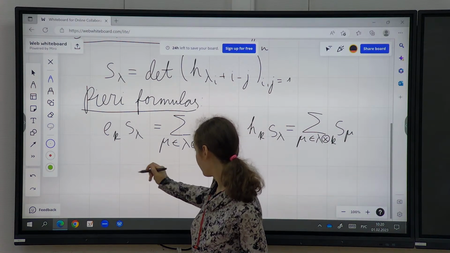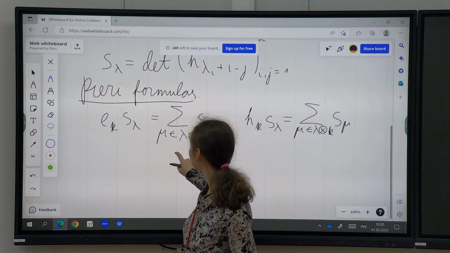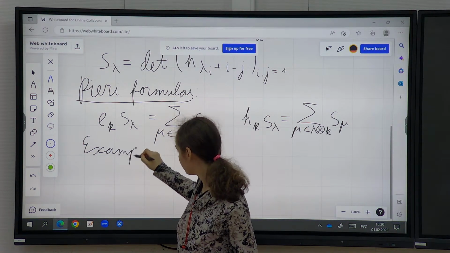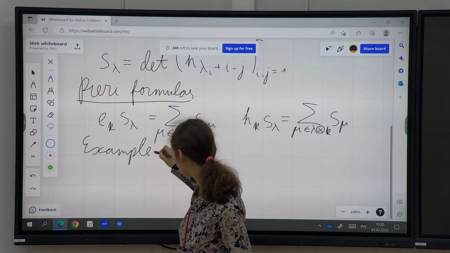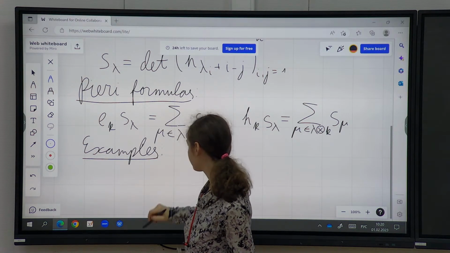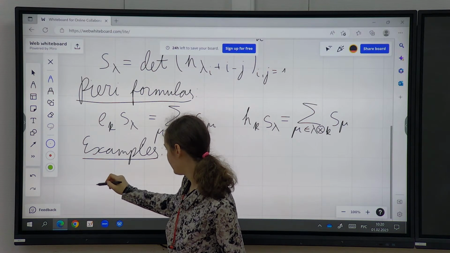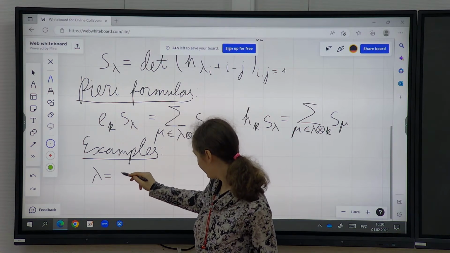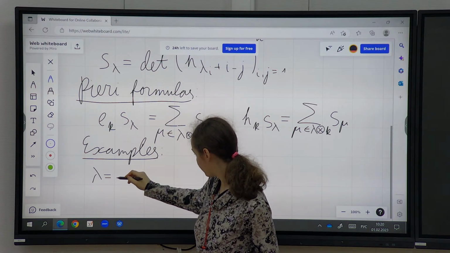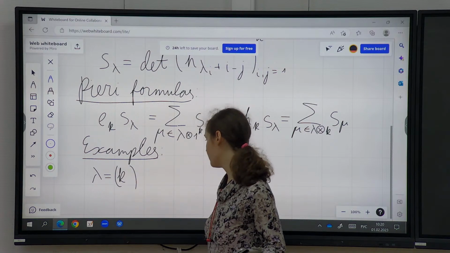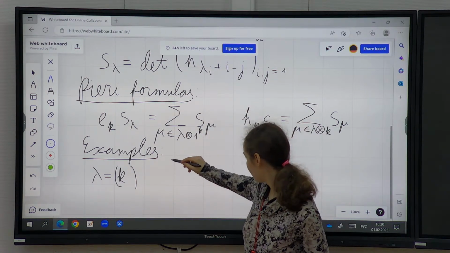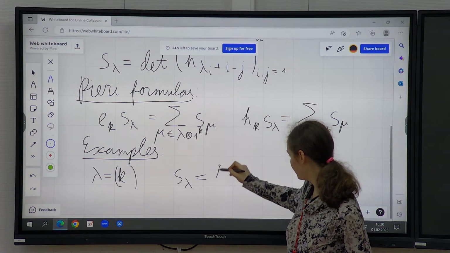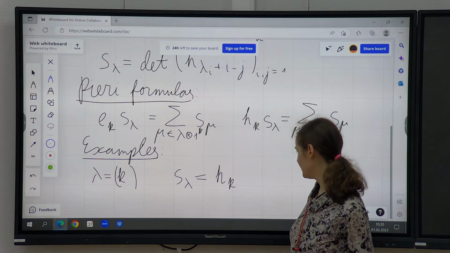So, for example, if we take partition lambda equal to a row of boxes, then the corresponding Schur polynomial is just the complete symmetric polynomial.